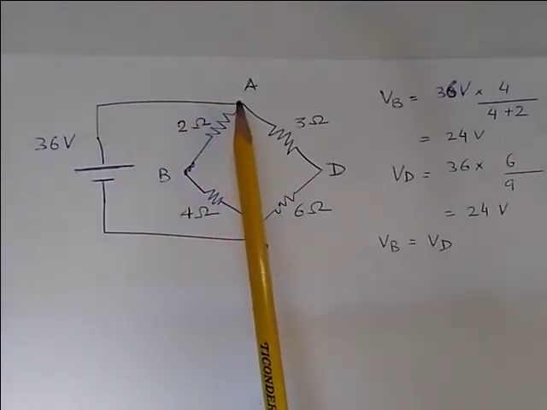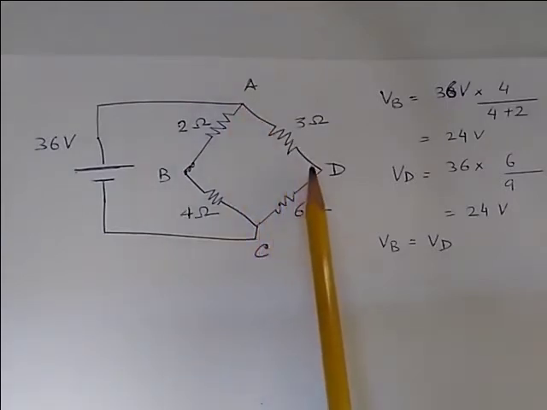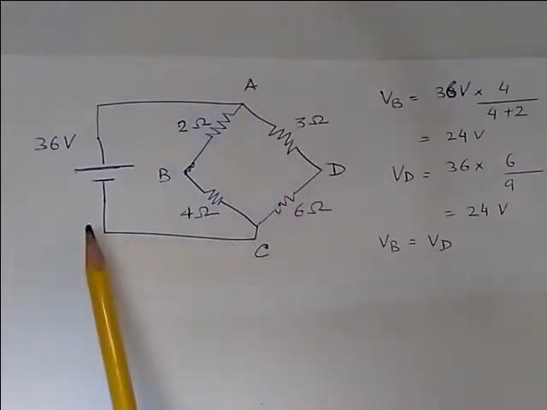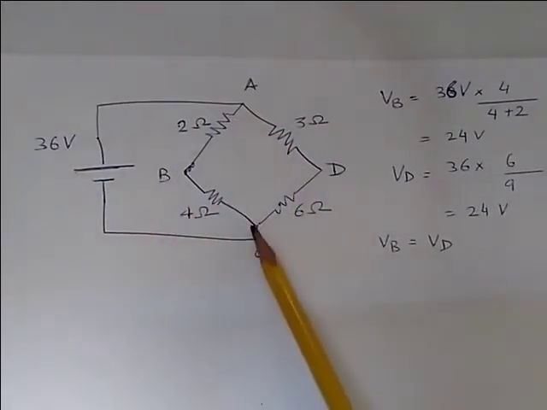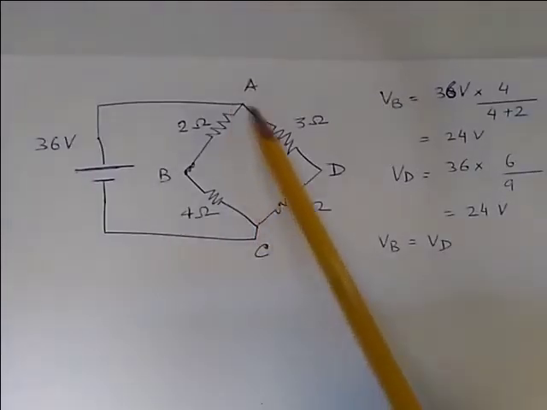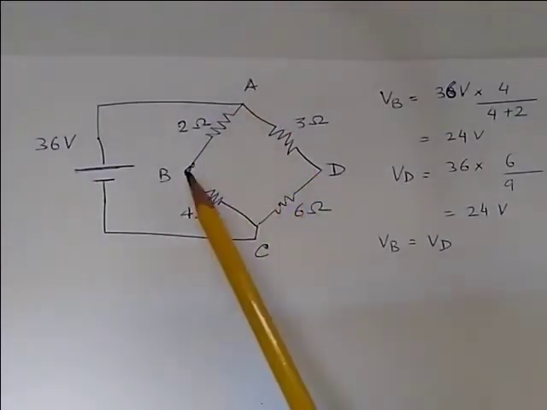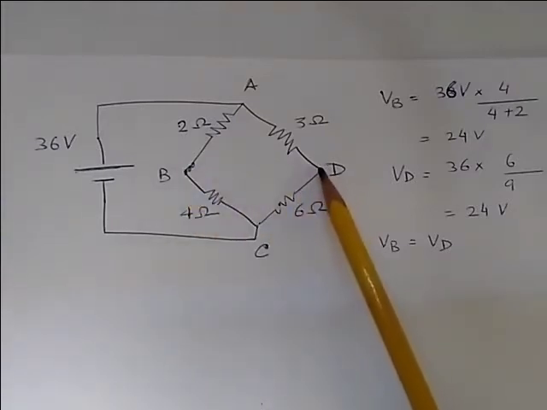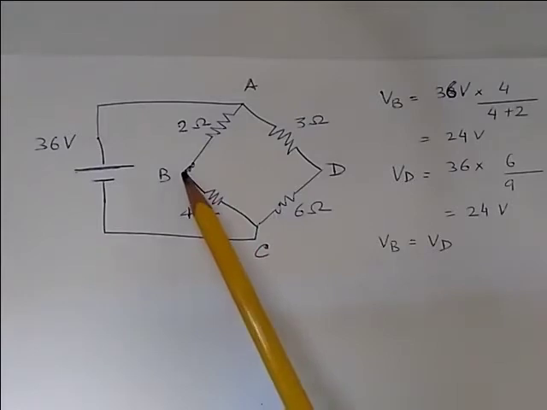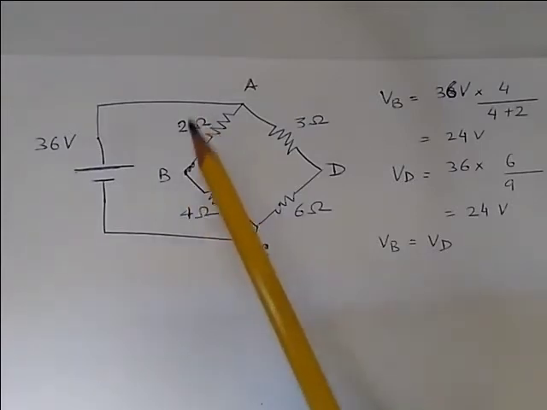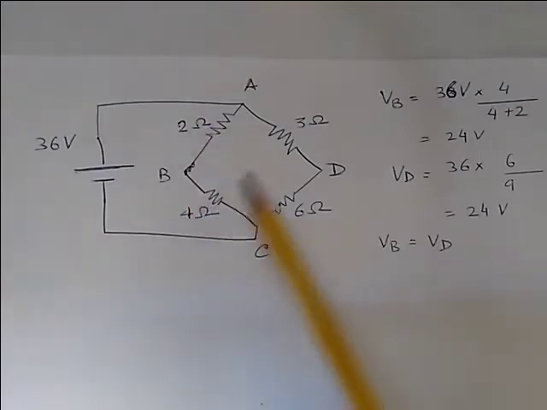The voltage at A also flows through this branch. Now voltage at A is 36 volt, the voltage at C is 0 volt, and in between A and C, these two branches, the voltage gets divided and has some value at B and some value at D. And the voltage will depend upon the proportional values of R1 and R2 or R3 and R4 for D.